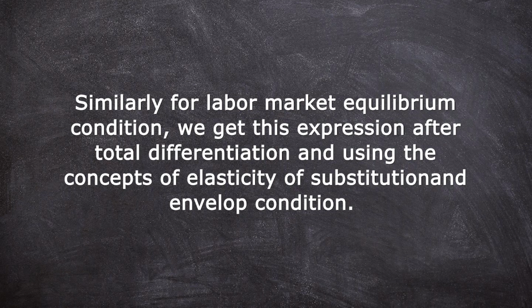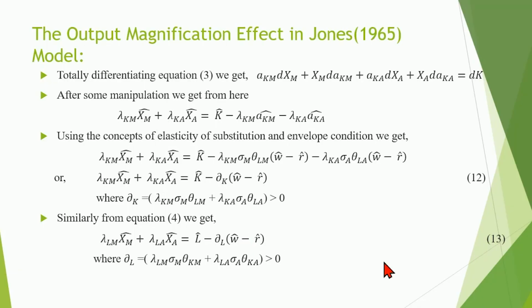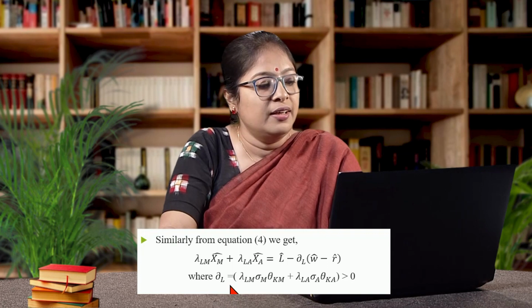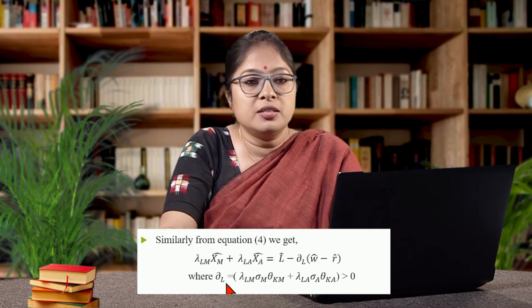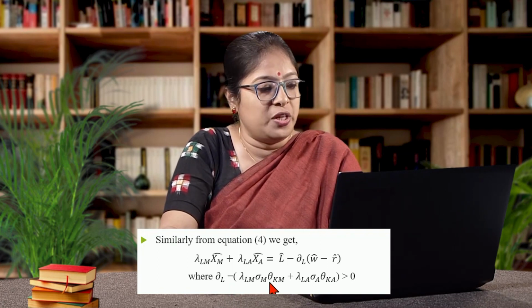Similarly, for labor market equilibrium condition, we get this expression after total differentiation and using the concepts of elasticity of substitution and envelope condition, equation 13. Here also we have considered one notation delta, and that has been considered in order to shorten the expression.